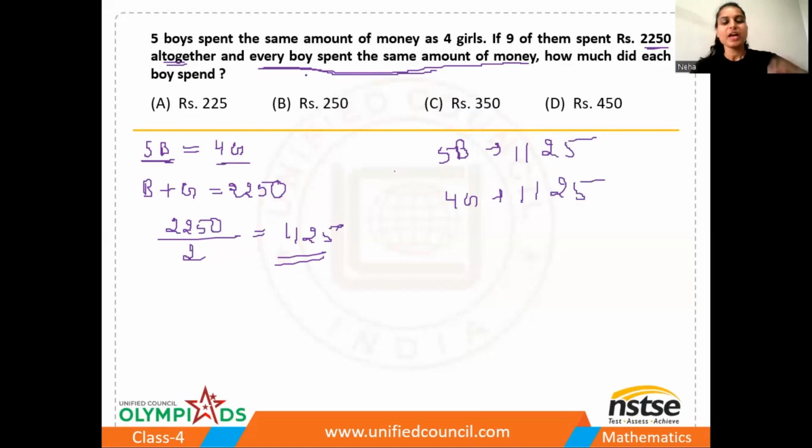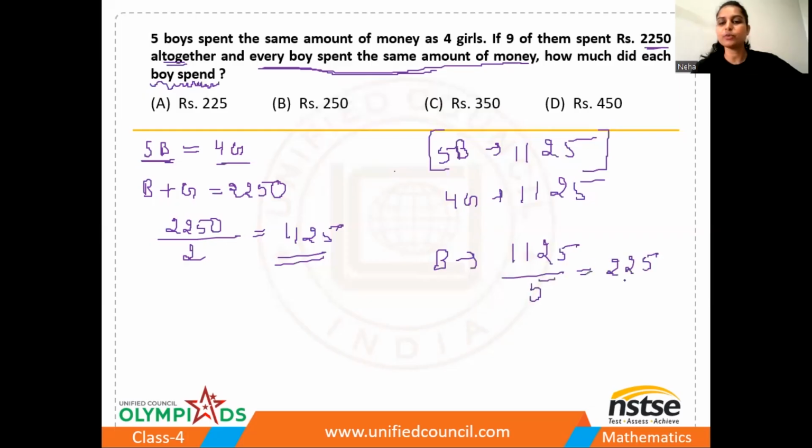Now the question is asking how much money each boy spends. That means how much money one boy spends. The amount spent by 5 boys is 1,125 rupees. So the amount spent by one boy will be 1,125 rupees divided by 5, which is equal to 225 rupees.